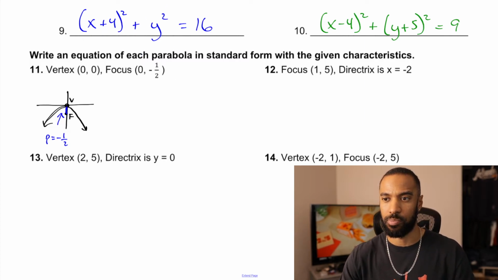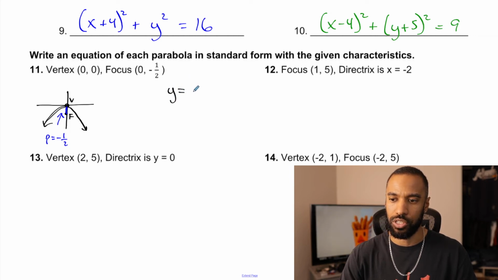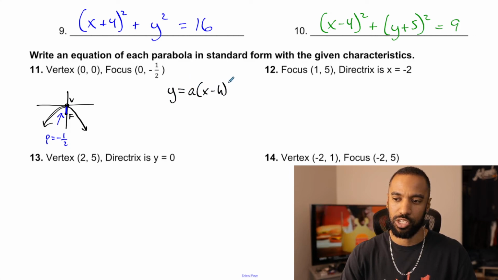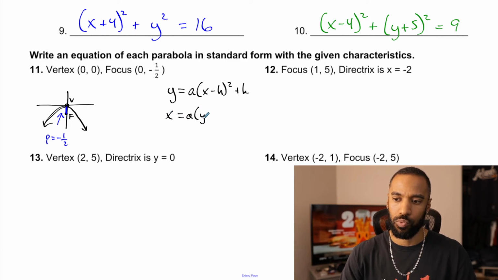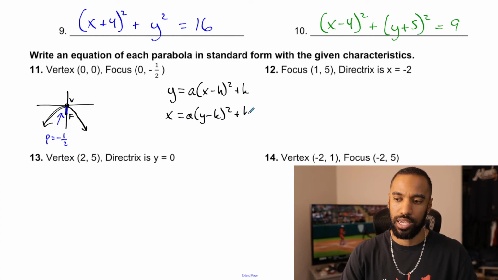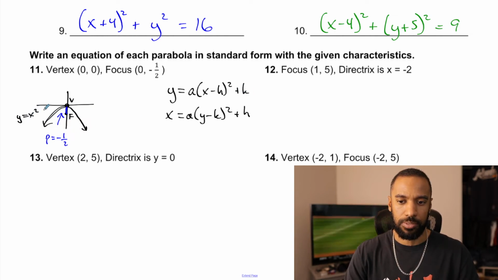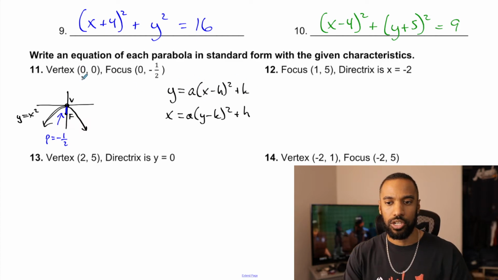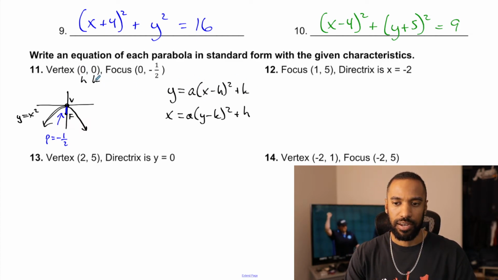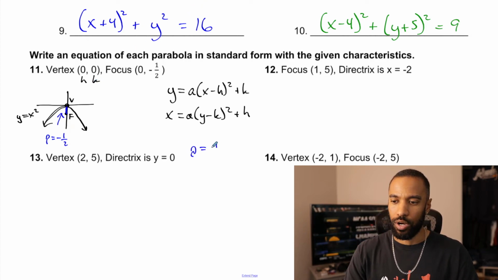But here are the important aspects of this. The vertex form for an equation is either y = a(x - h)² + k, or x = a(y - k)² + h. Now, this is a y = x² equation because it's an up-down graph, so it's going to be in this format. We know h and k; we need to find a. You learned before that p = 1/(4a).